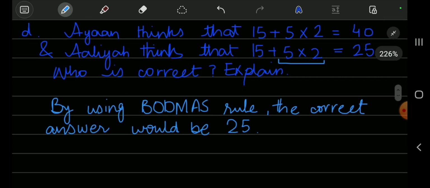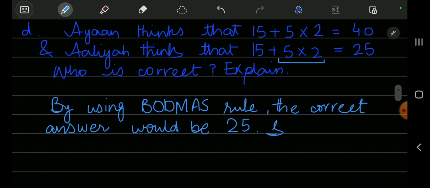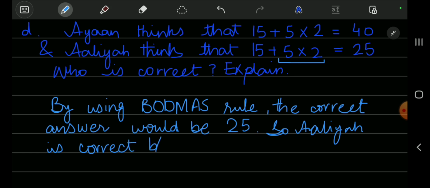So Alia is correct because she multiplied first and then added.